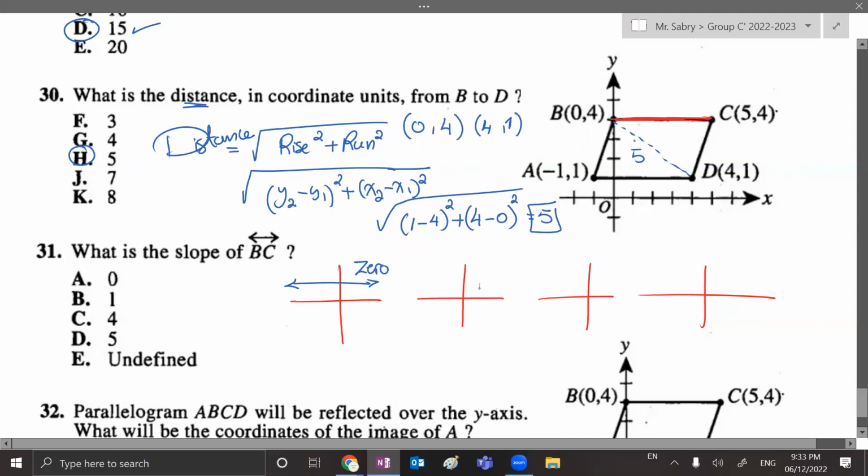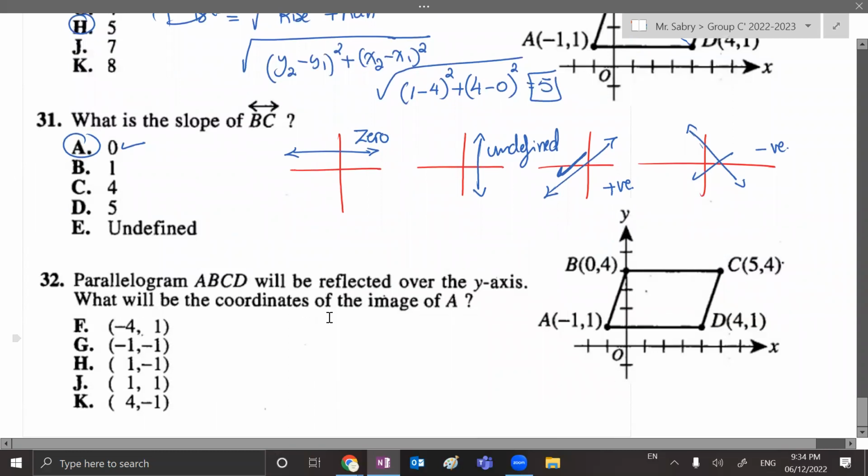While when the line is parallel to the y axis, a vertical line, its slope is undefined. When the line goes from left to right upward, this is a positive slope. When the line goes from left to right downward, the opposite sign, this is a negative slope. In this case it's clearly a horizontal line so the slope is 0.